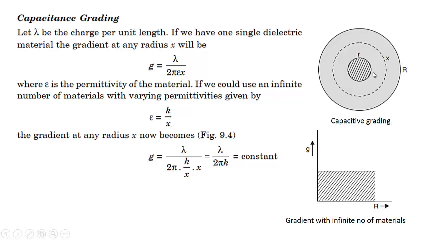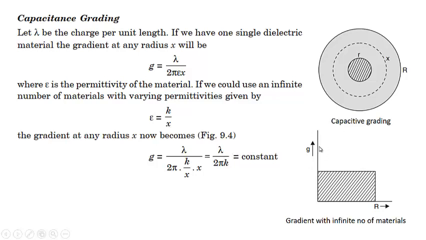That means the permittivity close to the conductor will have the higher value, and as we go from the surface of the conductor towards the sheath, the permittivity will decrease as per this relation. So the gradient at any point x now becomes, when you replace epsilon by k by x, 2 pi into k by x into x, and x will cancel out to be constant.